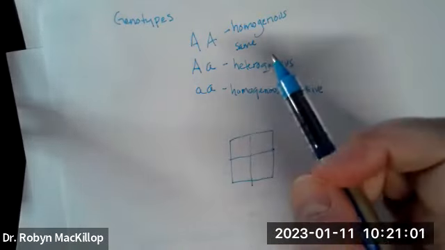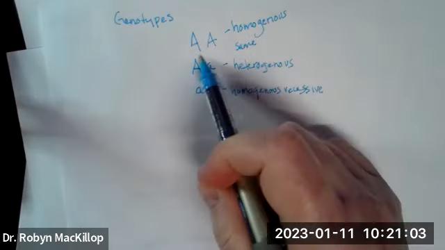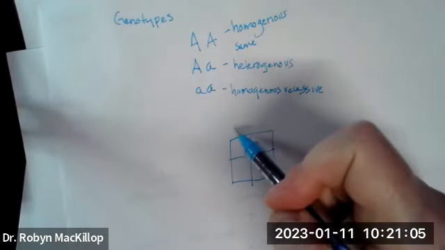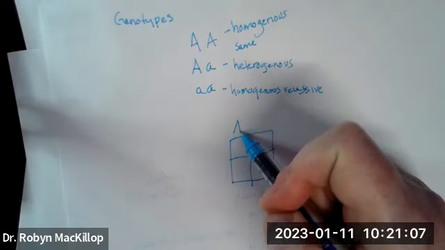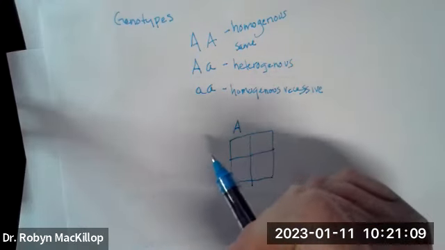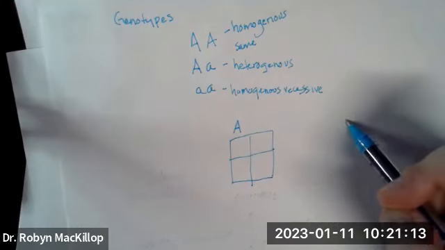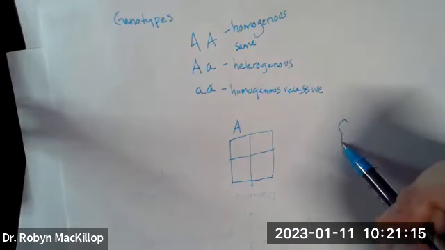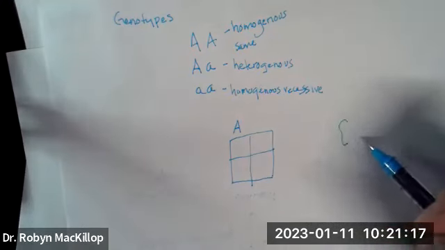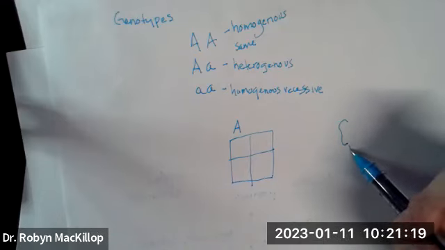So let's say dad is double dominant for, what would he be double dominant? Oh, for earlobes. You know how when your ear, there's your ear and here's your neck.